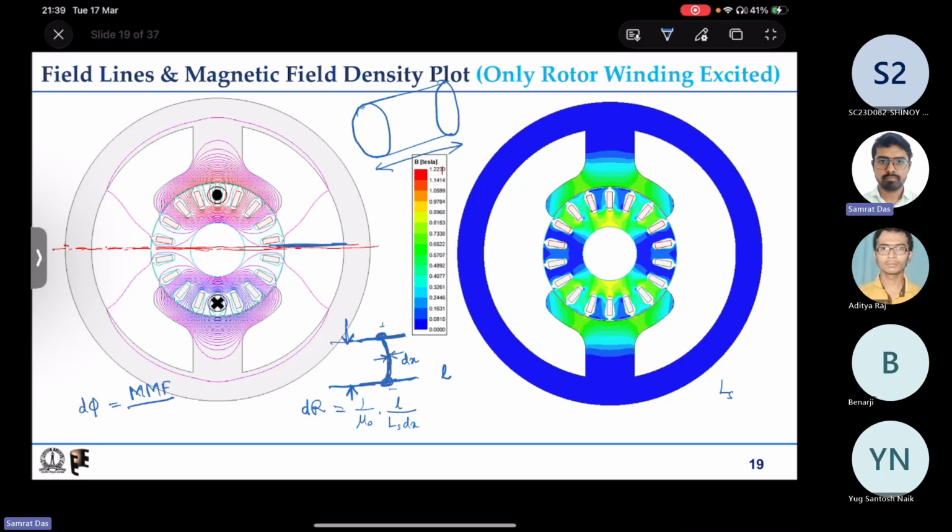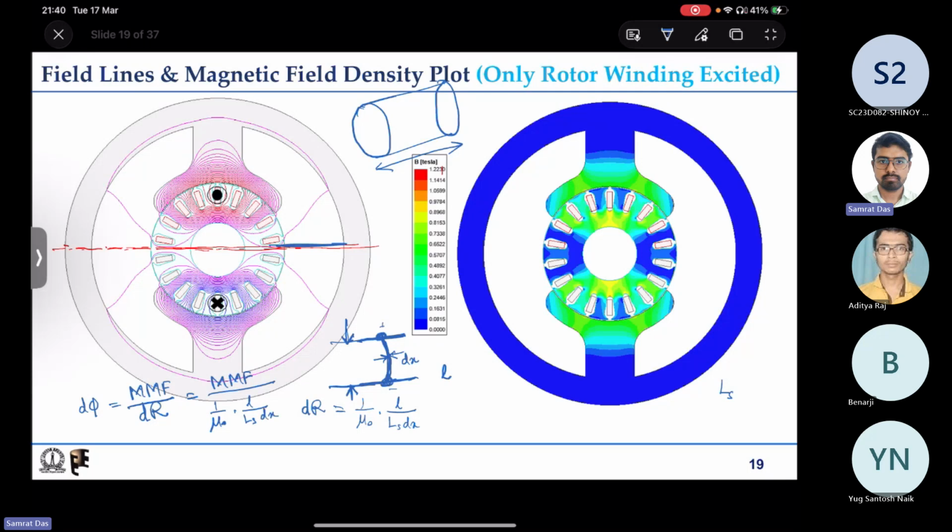That will be MMF divided by the infinitesimal reluctance, right? Now if I put in the expression, MMF divided by 1 by mu naught, L by ls into dx, right?